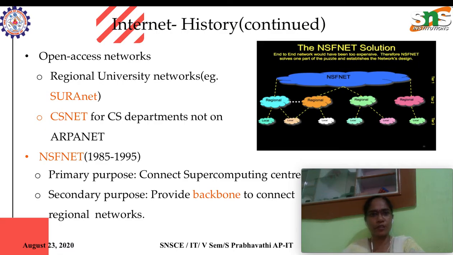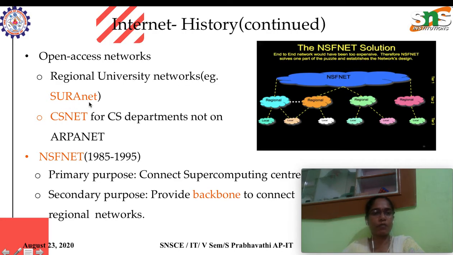And continuing on the history of the internet, during the 1960s and 70s, a lot of open access networks came into display. Different regional universities started building their own networks, like SURAnet, Southeastern Universities Research Association Network.